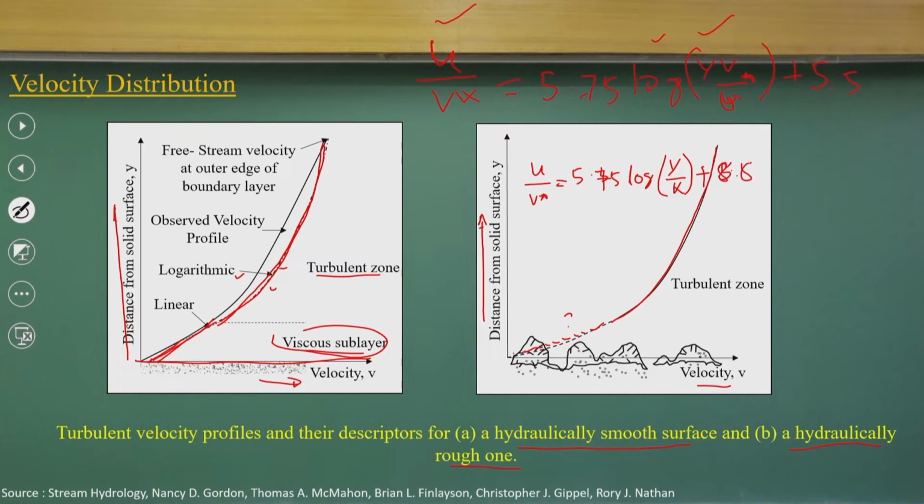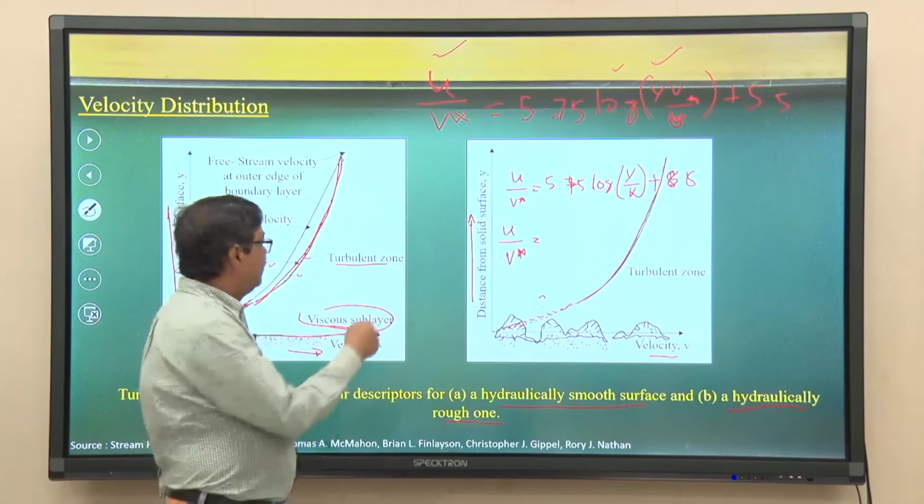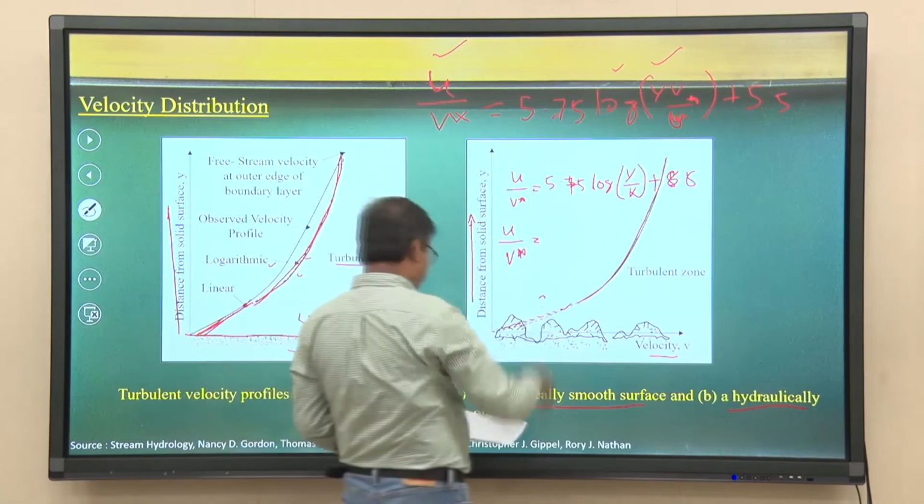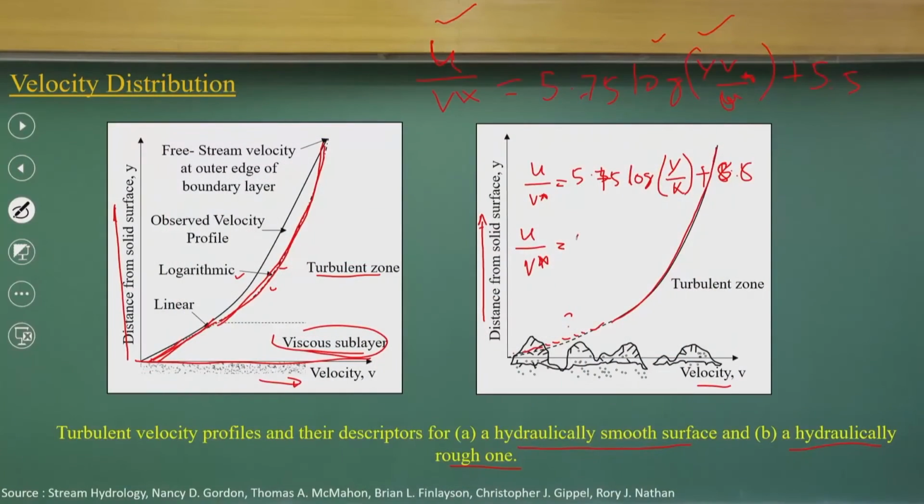Or we can simplify it: u by V star, the ratio between flow velocity and shear velocity, if I simplify these equations, is 5.75 log of 30 y by k.